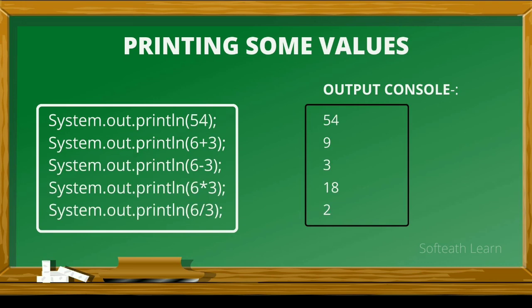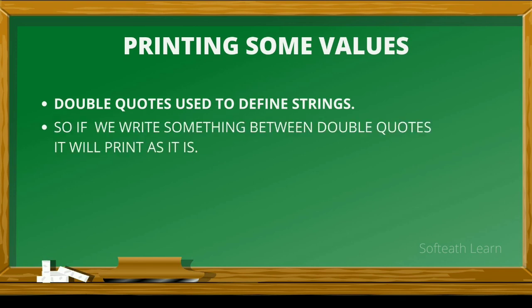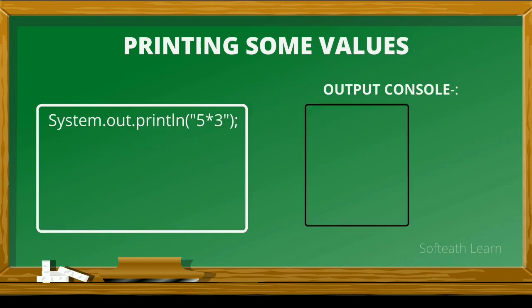Now there must be a question of why the double quotes are not used with this expression. As I said before, double quotes are used to define strings. So if we write some expression between double quotes, it will be printed as it is and not be calculated. For example, if we type 5 asterisk 3 between double quotes, it will print 5 asterisk 3 in the console window. Whereas if we remove the double quotes, it will calculate it and print the value which is 15.